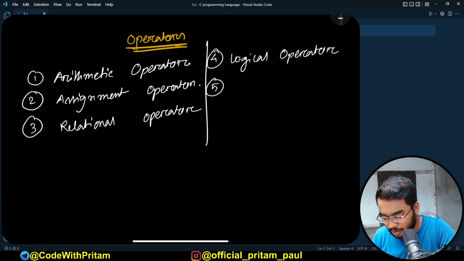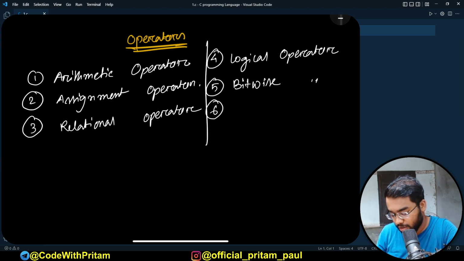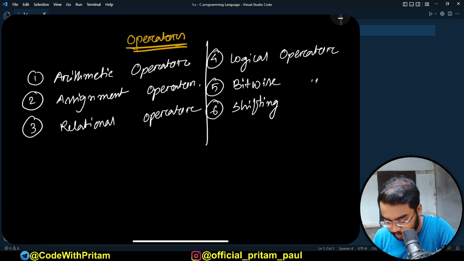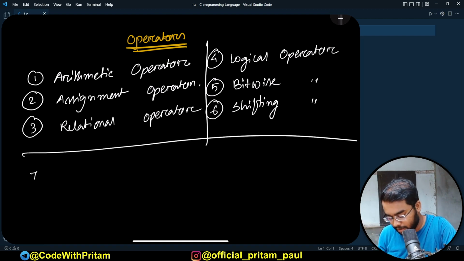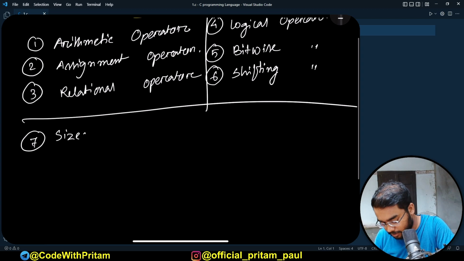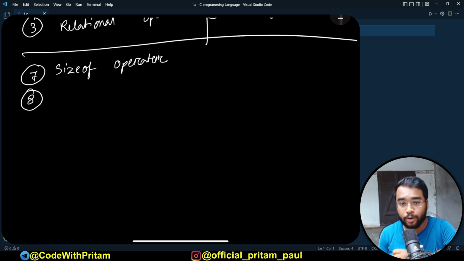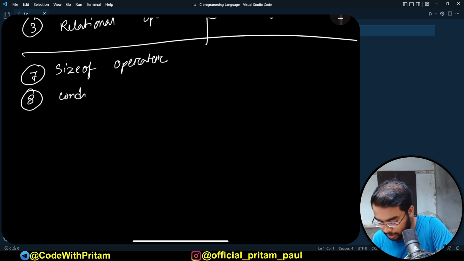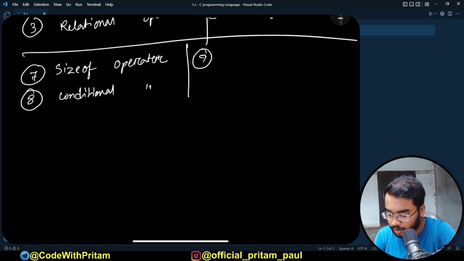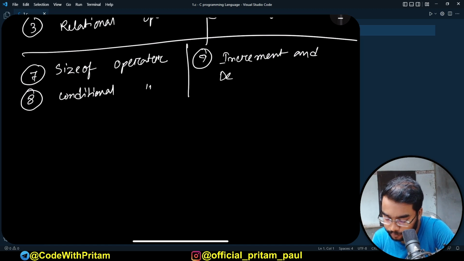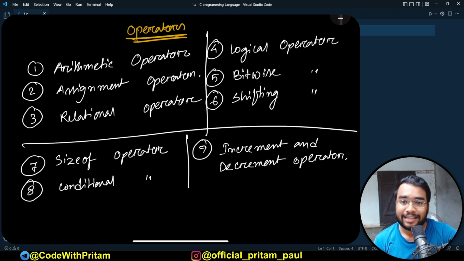Then the bitwise operator. Then the shifting operator. Then we can say the sizeof operator. Then the conditional operator. Then the increment and decrement operators. So these are the 9 basic types of operators in C language. We will go through them one by one.